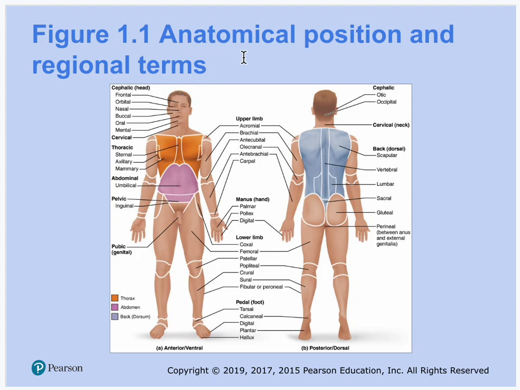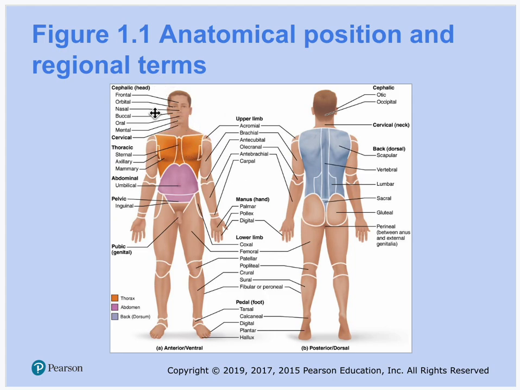This figure 1.1 is from your lab manual and your textbook, and it gives you all of the terms that I expect you to know for the quiz this coming weekend, and also throughout A&P and as you continue in whatever program that you go to.